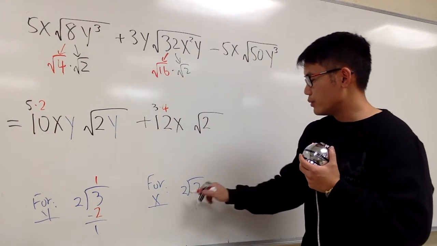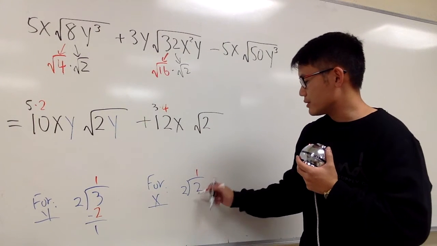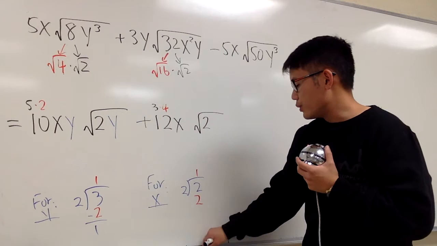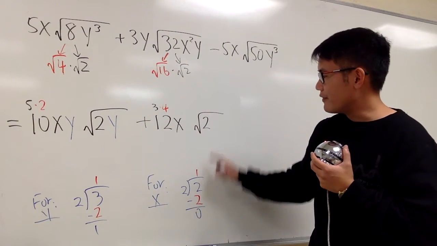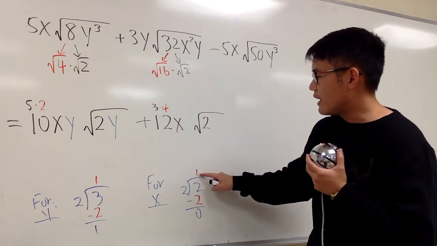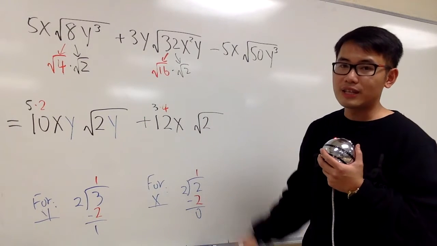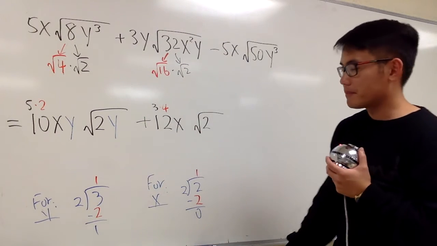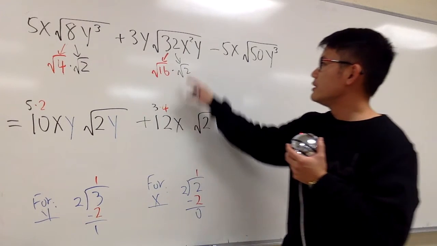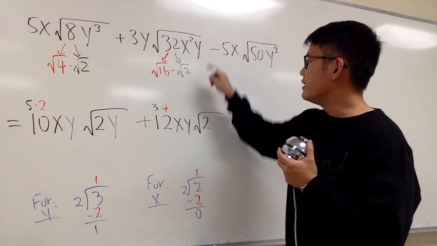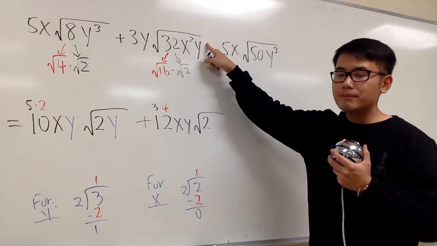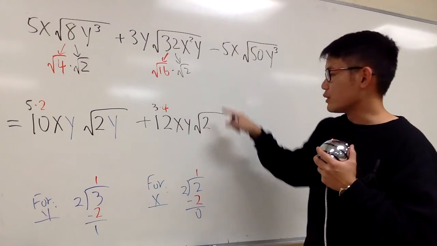And then we know 2 goes into 2 one time. 1 times 2 is just 2, and then when you subtract, you get 0. So you have no more x inside, but then you can factor out, right, one of the x on the outside. x to the first power, that's what I mean. And then this x is from here, and then we have the y still. And then this y is to a first power. It does not have enough power, so it stays inside.